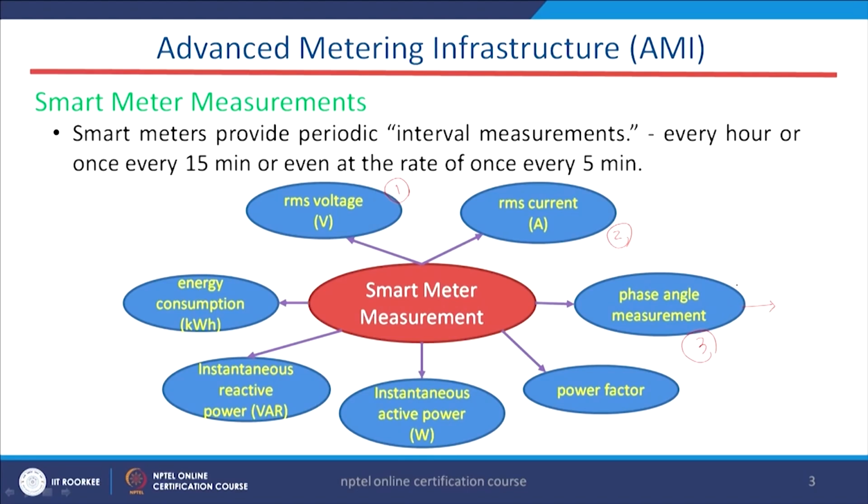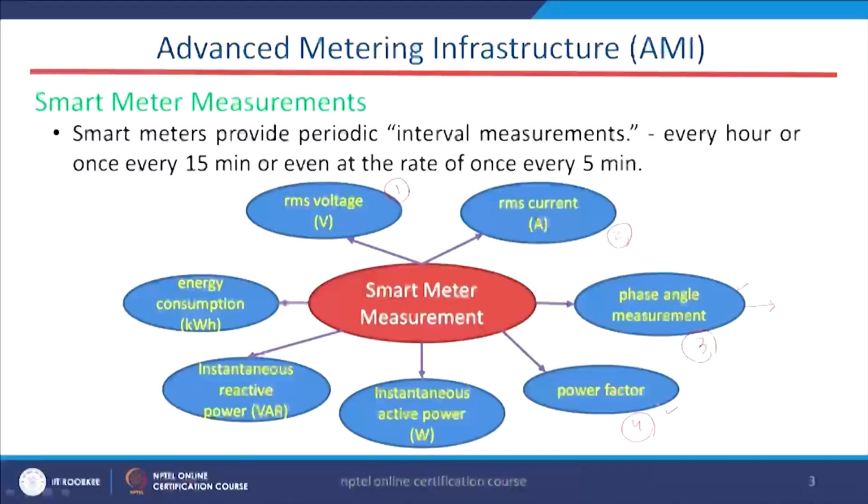So, this phase angle is also measured with the help of this smart meter. And the fourth one is the power factor, which is very important for us. As far as the customers are concerned, the power factor has a great meaning. So, this power factor can also be measured with the help of the smart meter.